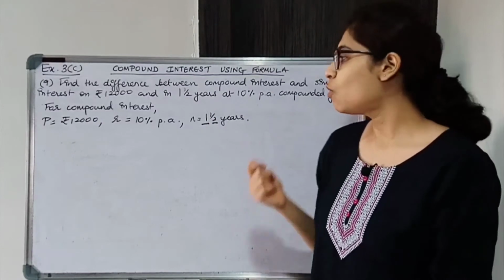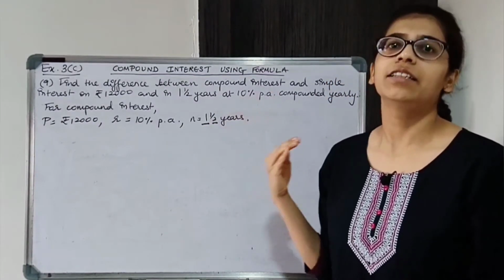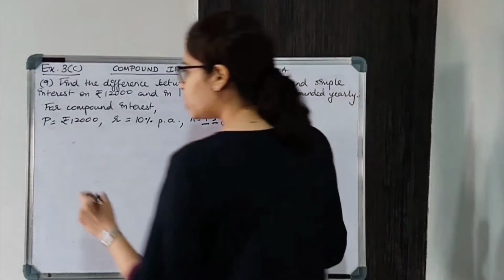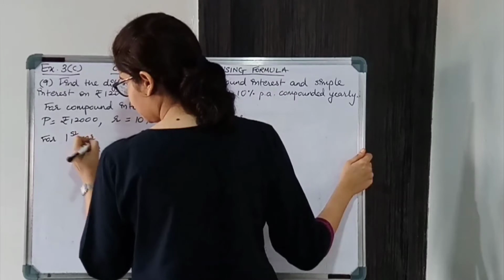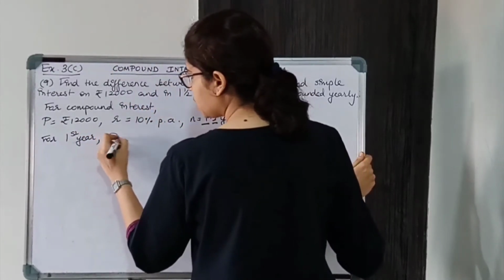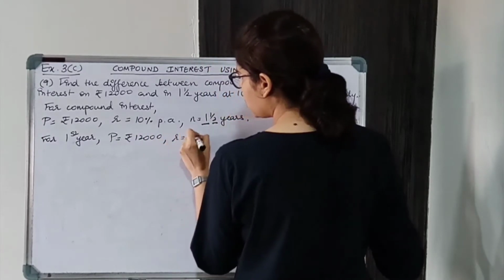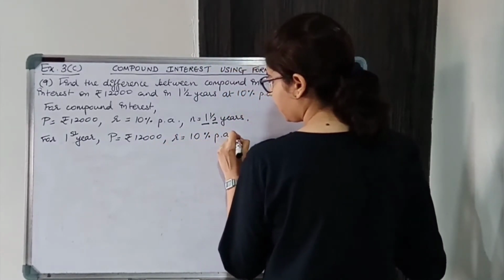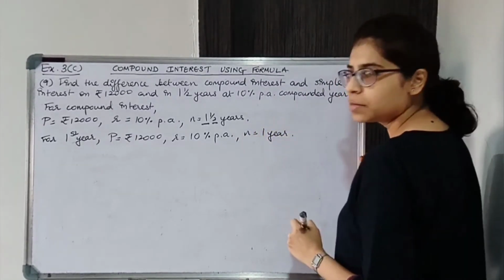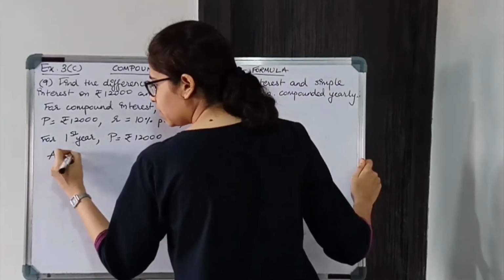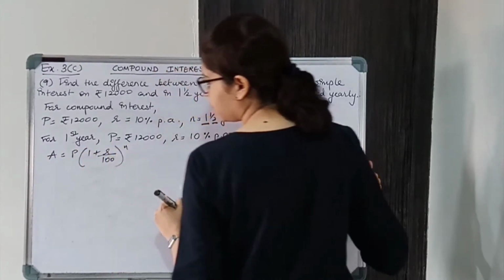So what we'll do is first we'll take n as 1 and find the amount. So for the first year, principal is 12,000, rate of interest is 10% per annum and n is 1 year. So amount will be principal into 1 plus r upon 100 raised to n.